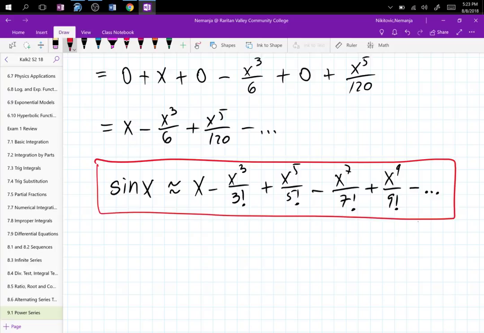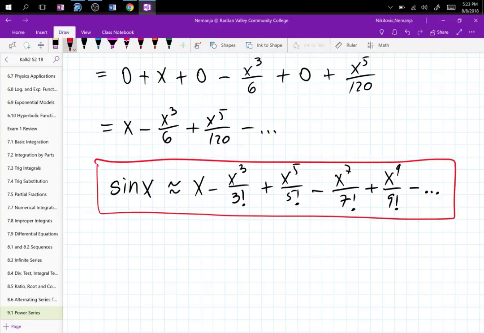Here is why you were told that sine is an odd function. Its power series, which is infinite, is only going to have odd exponents, and odd factorials don't matter. It's just odd exponents everywhere. That's the only thing that matters. Which fits the definition for odd functions that f of negative x is equal to negative f of x. That was the formula to test.